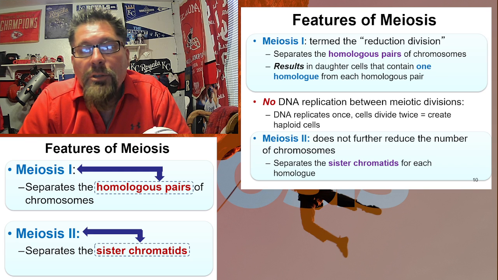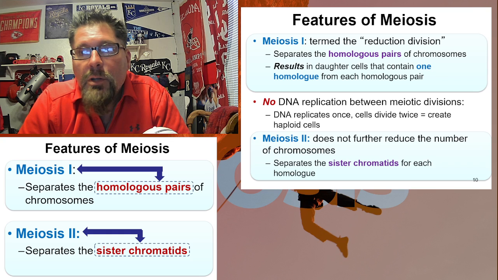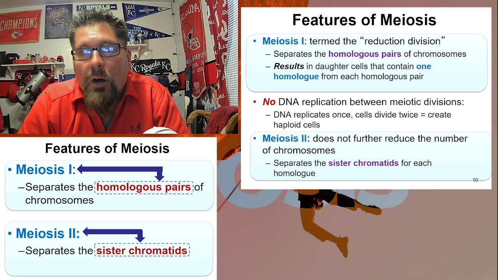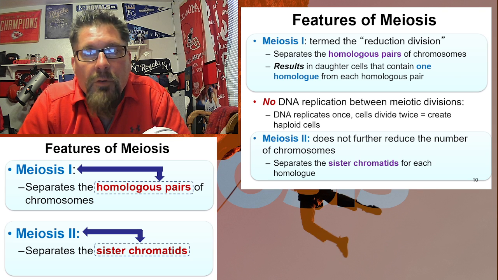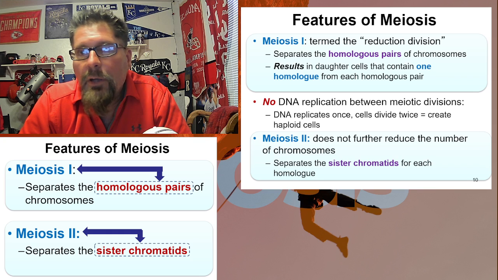Alright, again, we want to emphasize features and processes of meiosis. The extra set of divisions, the reduction division in meiosis 1, deals with the homologous chromosomes. You've got the chromosomes from the dad, chromosomes from the mom, and the homologous ones are the ones featuring the same traits, whether it be hair or height or skin color, whatever it may be.